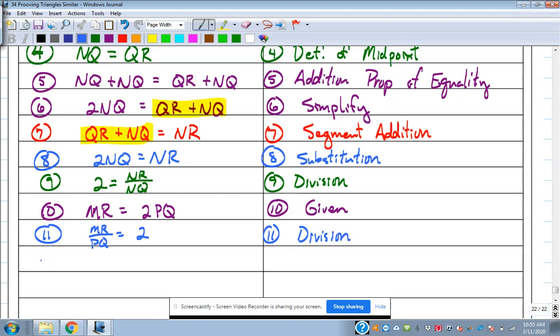All right, so then we got to say those are equal to each other, right? Because here we have a ratio and another ratio. We got to say that those two ratios are equal. So I would say NR over NQ equals MR over PQ. Excuse me, by substitution would be fine.